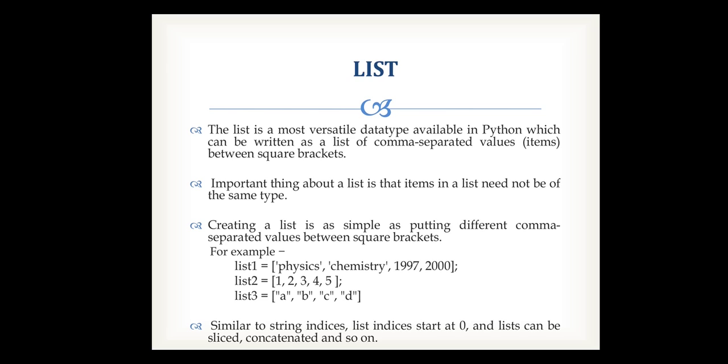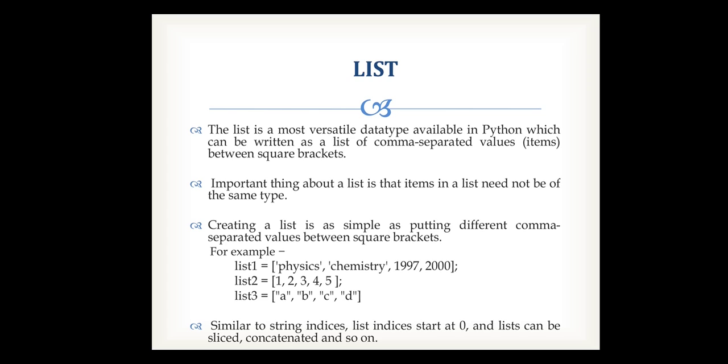Basically, the list is the most versatile data type available in Python, which can be written as a list of comma separated values. Means there are different elements separated by commas, and the elements are arranged within square brackets. An important thing about a list is that items in a list need not be of the same type.